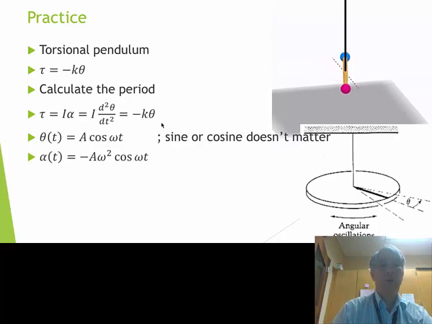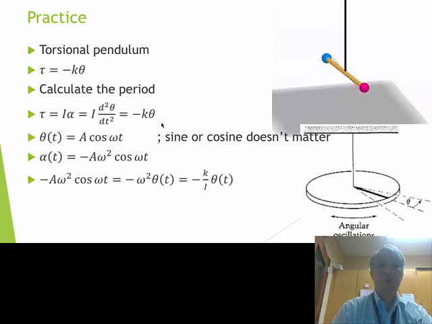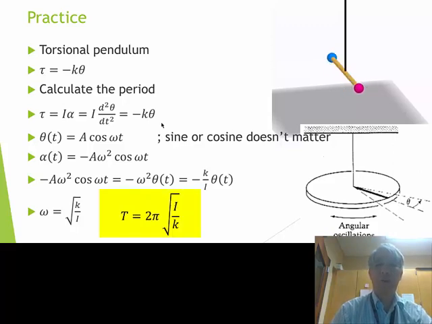From there, we'll go to alpha of t equals minus A omega squared cosine omega t. Basically, we took a second derivative. We find that omega squared equals k over I, and omega, therefore, is the square root of k over I, and period turns into 2 pi times the square root of I over k.